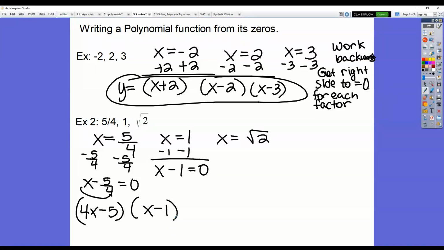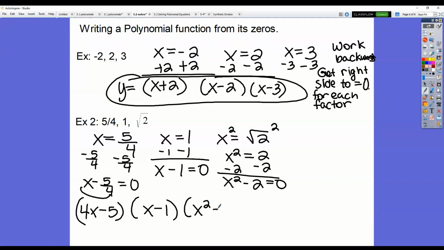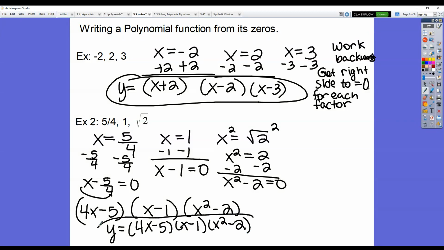But what about when we have square root of 2? So how about this? We square both sides first. That looks more like a factor. So then we can write our function as y equals 4x minus 5 times x minus 1 times x squared minus 2, and there we go.